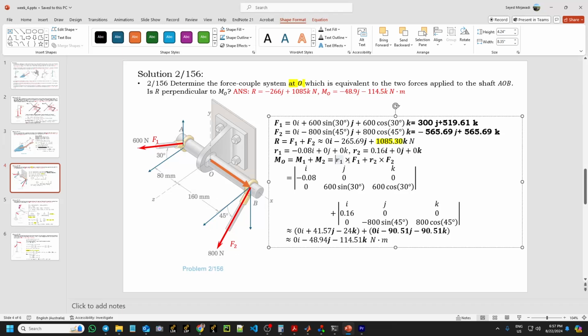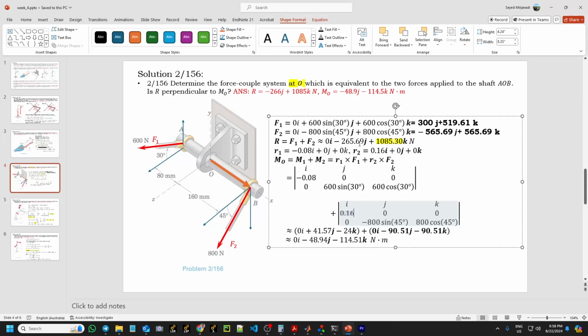We need to use the determinant. So in the determinant, in the first row, you put i, j, k. The second row are the components of R1, and the third row are the components of the F1. And for the other one, the second row is R2, and the third row is F2.